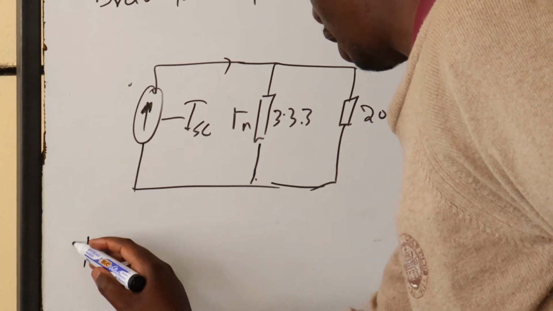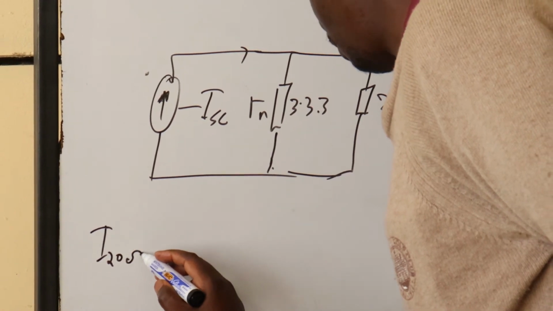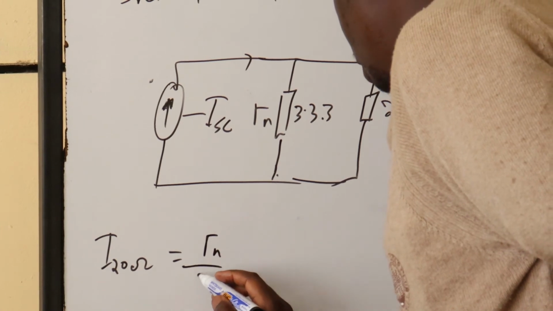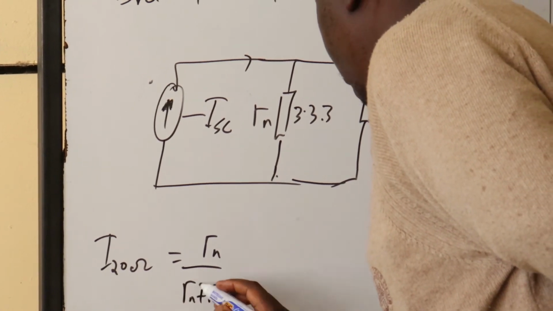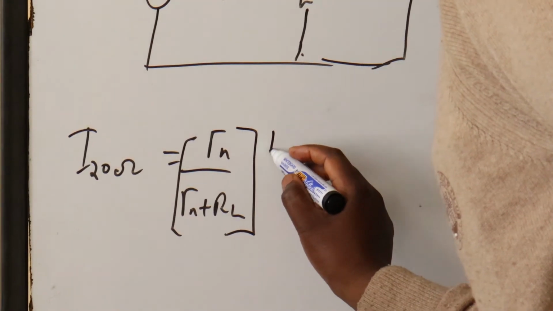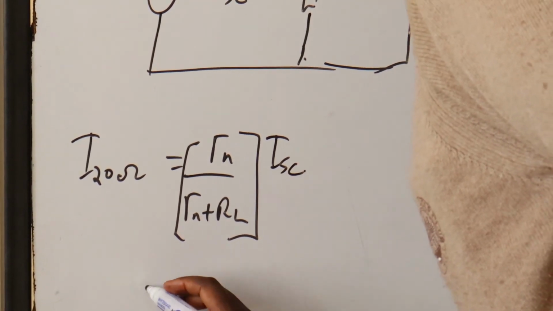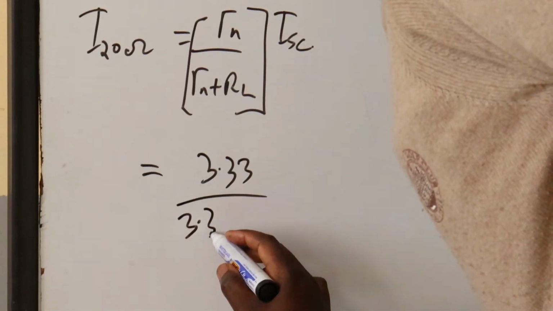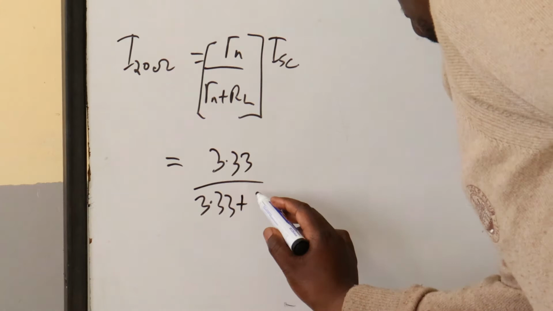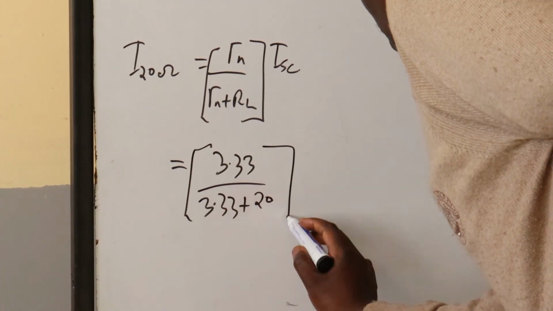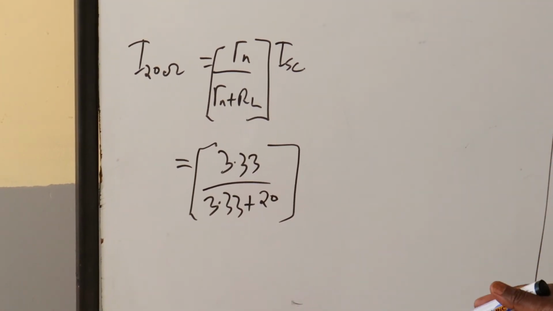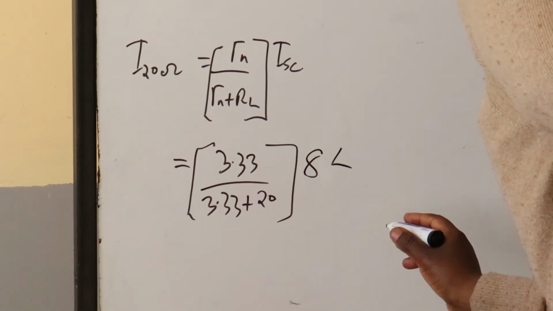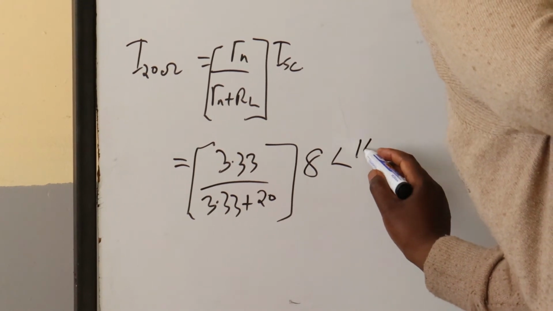So the current through the load 20 ohms resistor is supposed to be Rn over Rn plus RL multiplied by the I of SC, the short circuit current, which is 3.33 over 3.33 plus 20 multiplied by the short circuit current, in our case 8, the angle is 14.995.